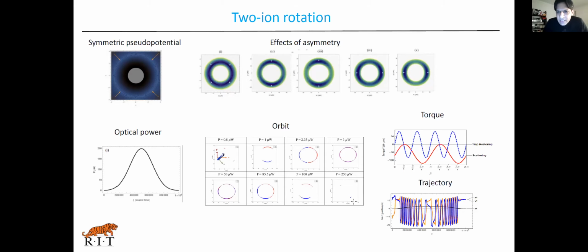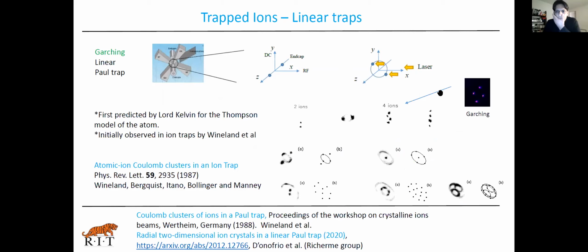A couple of things I want to point out before I do that is that, as I told you, the trap torque which the ions experience is periodic. That's this blue line here. And if you think about it, the optical torque is also periodic, it's non-uniform.